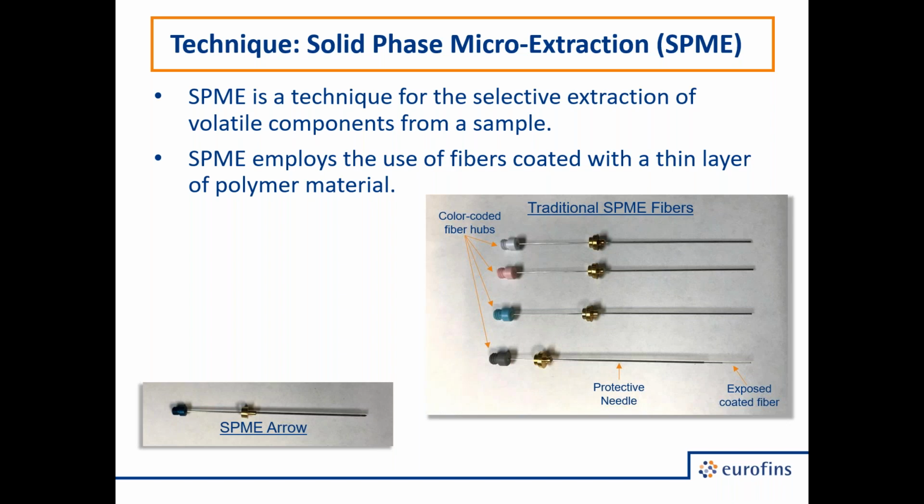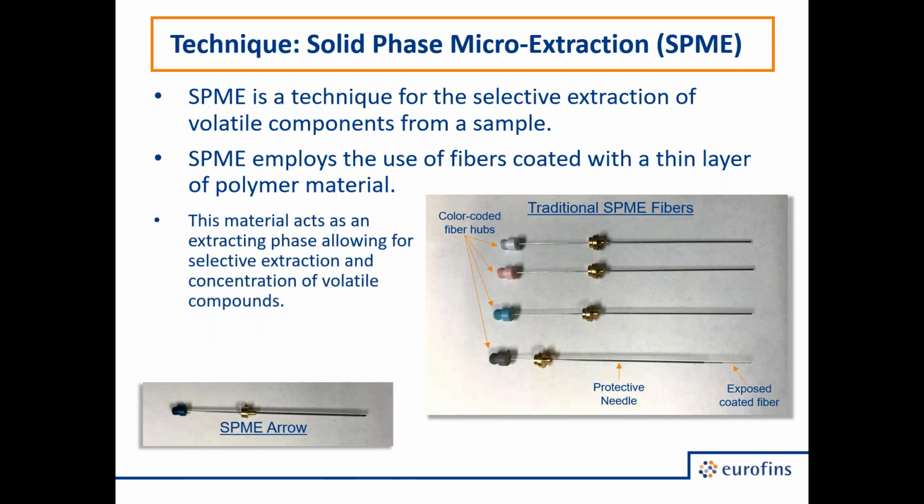And the way SPME works is we use fibers coated with a thin layer of polymer material. So this polymer material acts as an extracting phase, allowing for this selective extraction and concentration of volatile compounds.